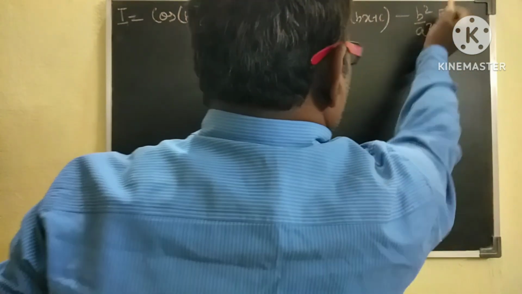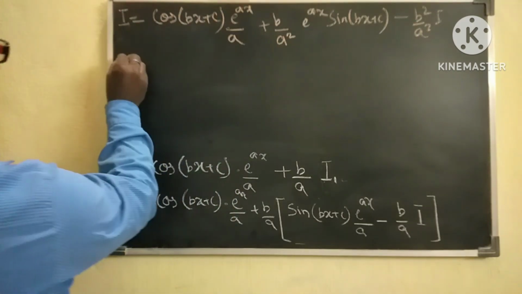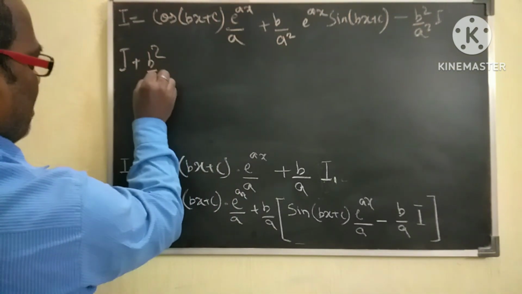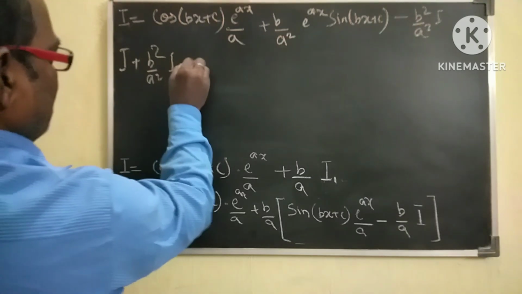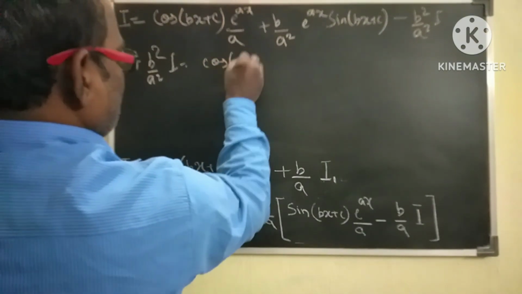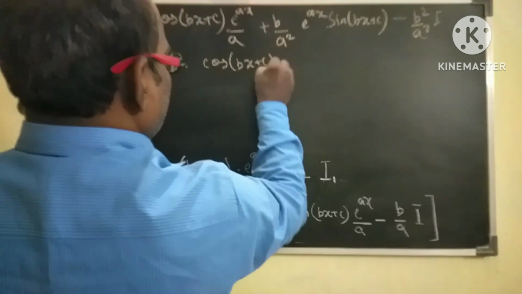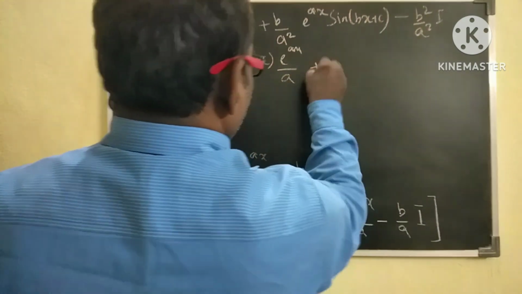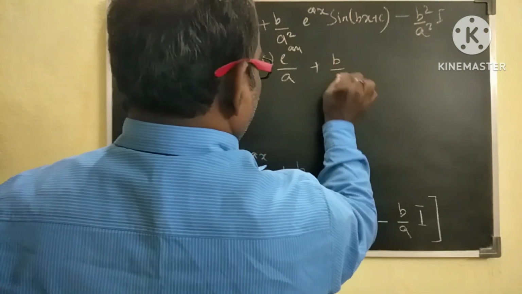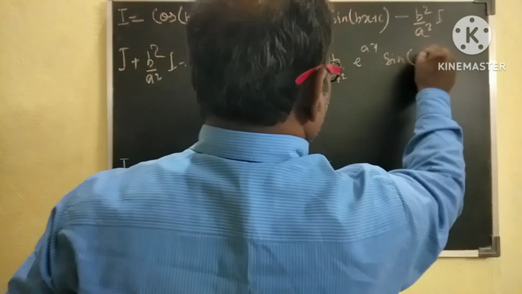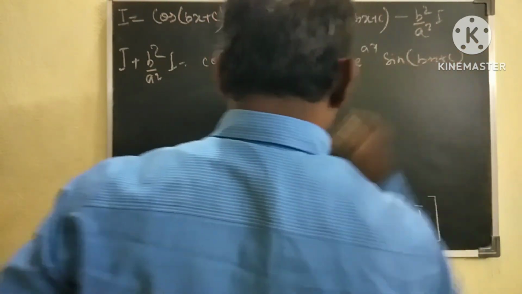Now taking this on the left hand side, we get I plus (b²/a²) I equals, writing this itself, cos(bx + c) e^(ax)/a plus b/a² e^(ax) sin(bx + c).